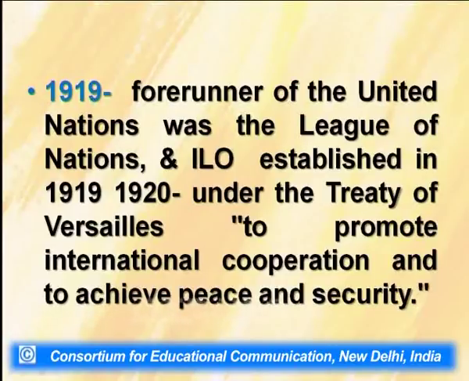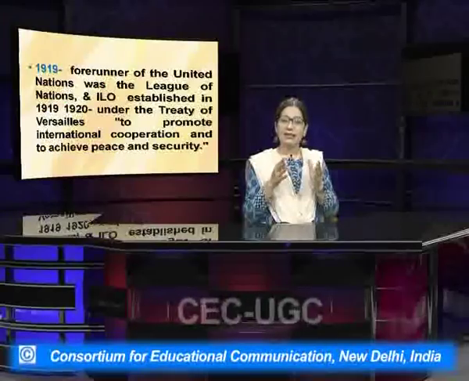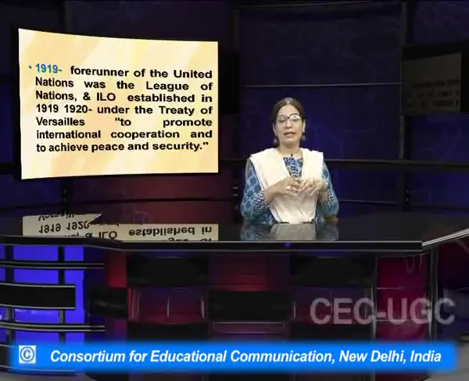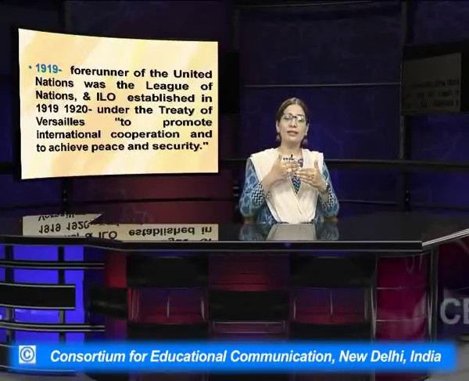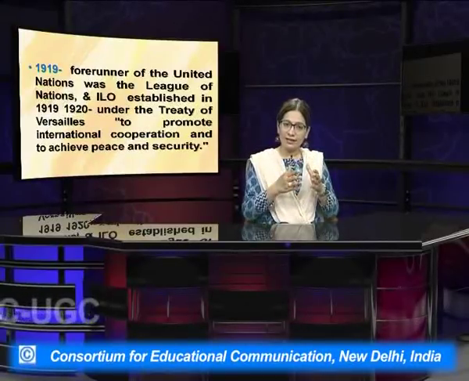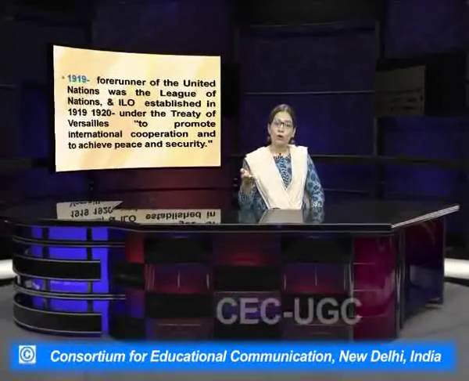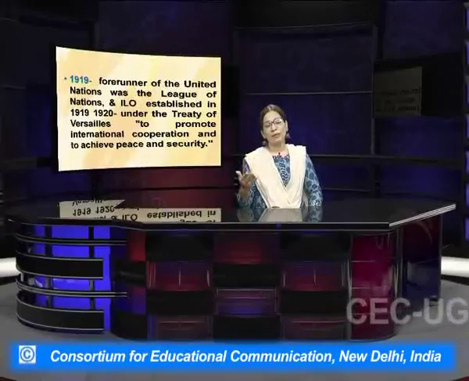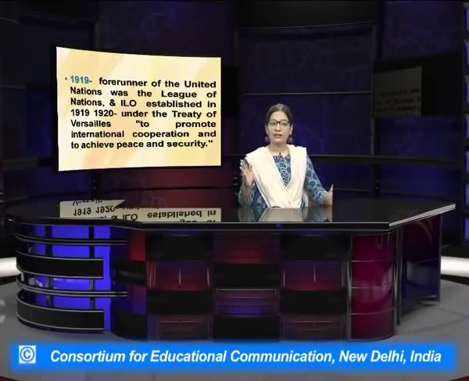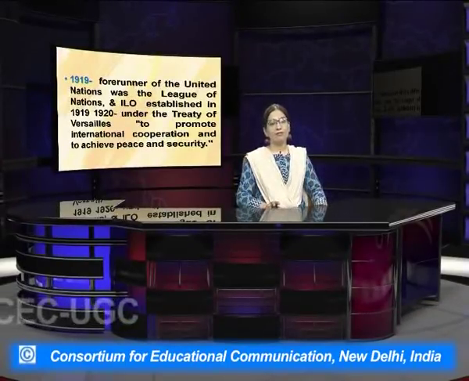Now, the aim of the League of Nations was to promote international cooperation and achieve peace and stability. It is essential for us to understand that with all these events, these preceding years definitely had their own contribution in the formation of the United Nations in the year 1945.